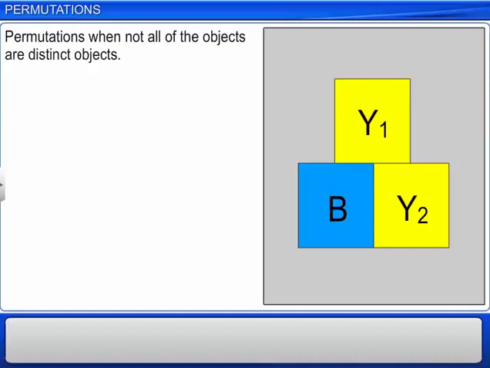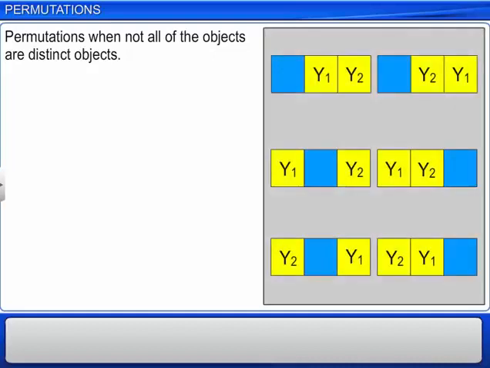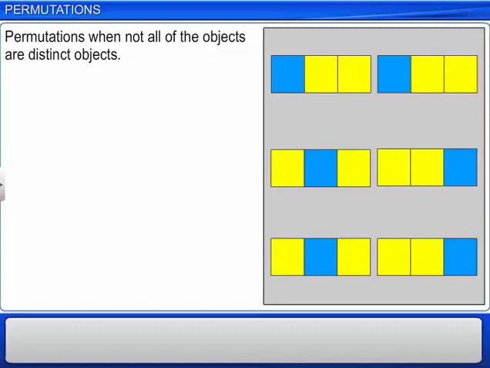Now, the permutations available are as shown. There are 6 permutations. Now, if you remove the marks on the tiles, you will observe that 2 of the 6 possible arrangements coincide with each other. You will also observe that there are 3 similar-looking pairs. In the permutation, each arrangement repeats twice.